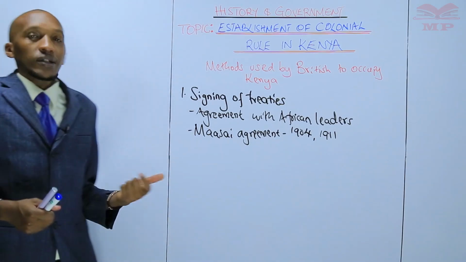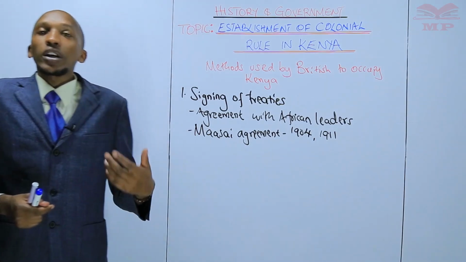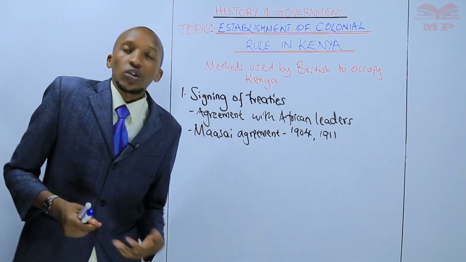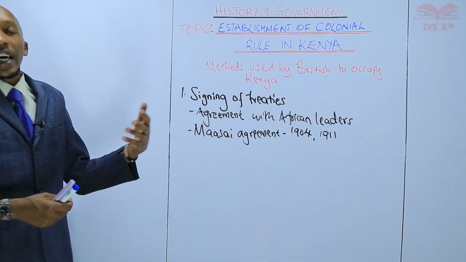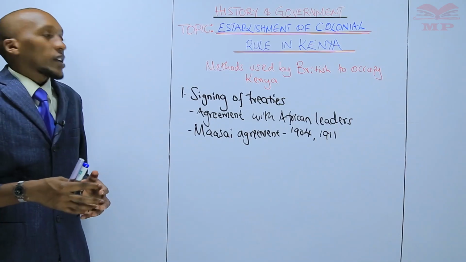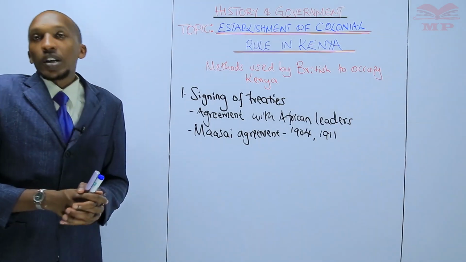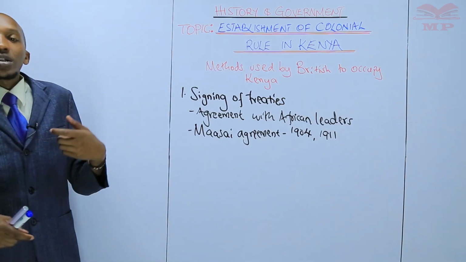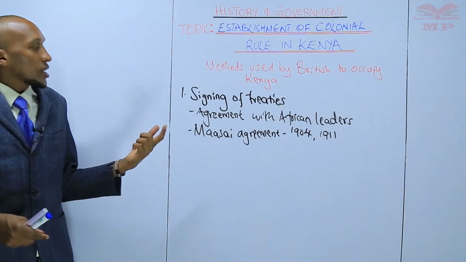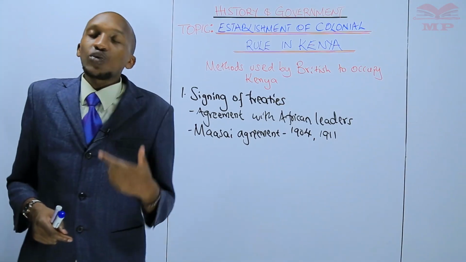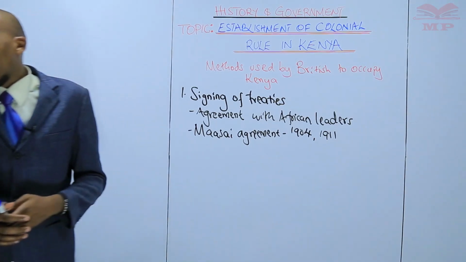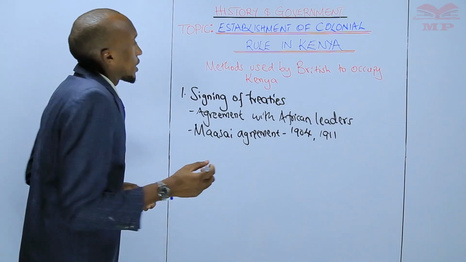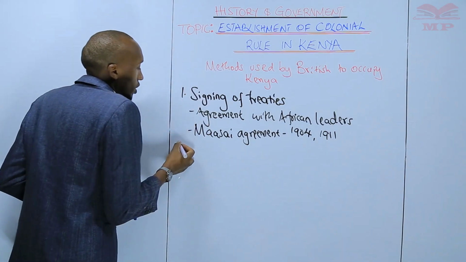But to the Africans, they thought it was just a way of protection from neighbors or from enemies. So to the Africans, they were just being protected by the British. But on paper, in the terms made in these agreements, the Africans were signing away their land.